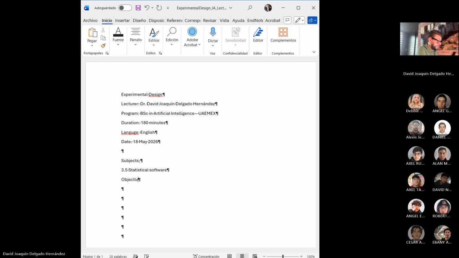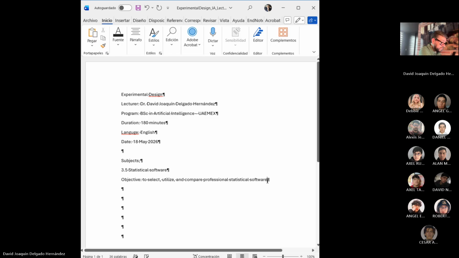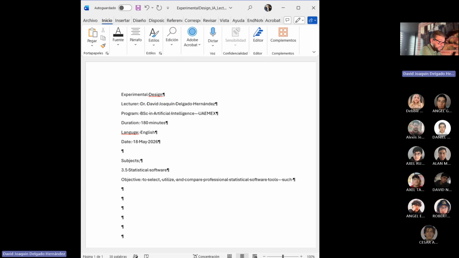Here the objective is to select, utilize, and compare professional statistical software tools, for instance, well, you can use many of them. I am going to put here some examples, such as Python libraries, Matlab. It is the one that we are going to use, R. You can use Minitab. You can use Expert Design.